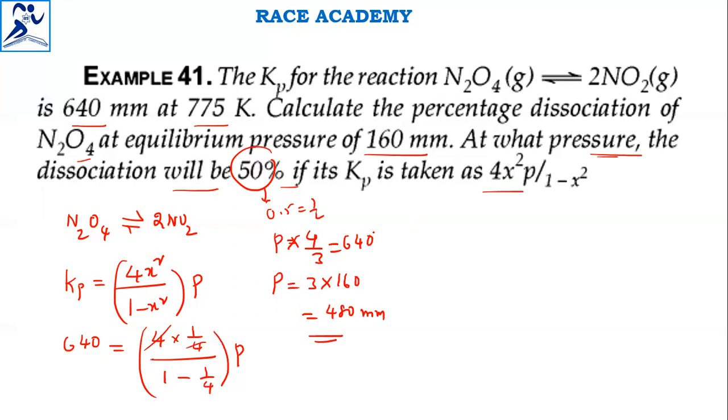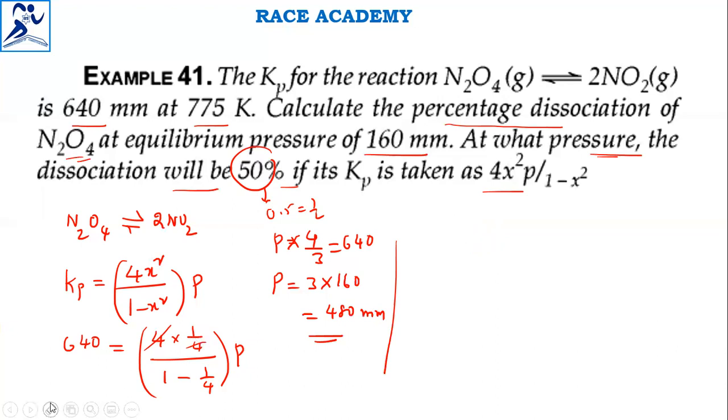Now we can take one more thing: calculate the percent dissociation of N2O4 at equilibrium pressure 160 millimeters. So what is the equilibrium pressure of N2O4?